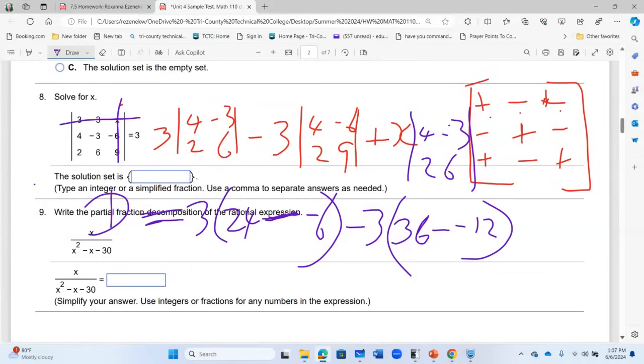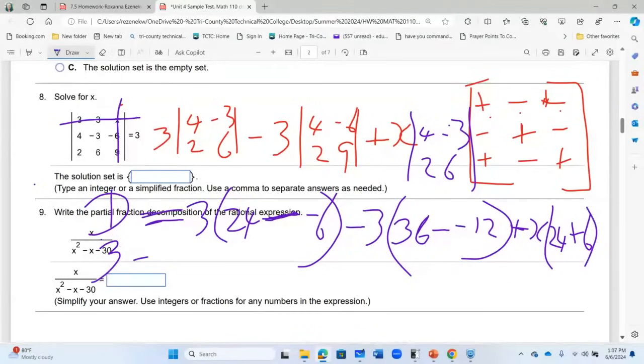And then the last one is plus x. Now I have 4 times 6 is 24, 24 minus 6 is plus 6. So D is given to me as 3.